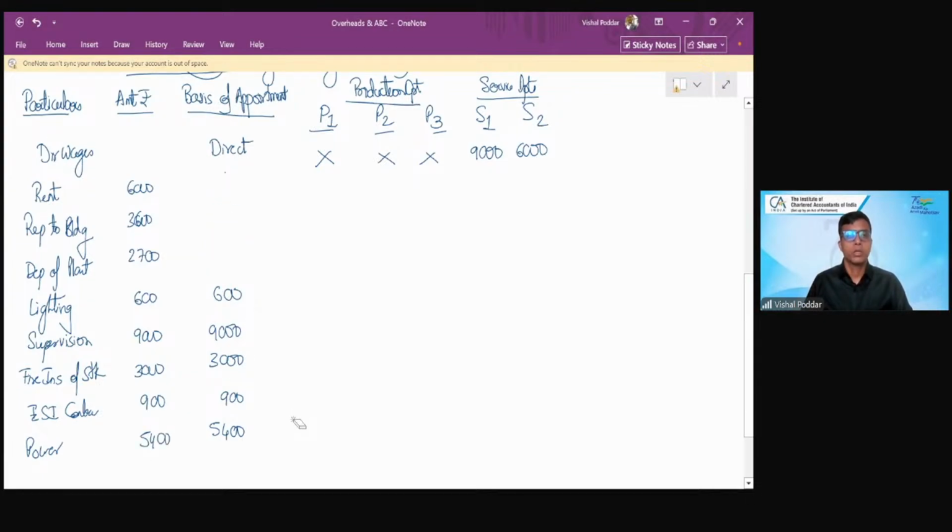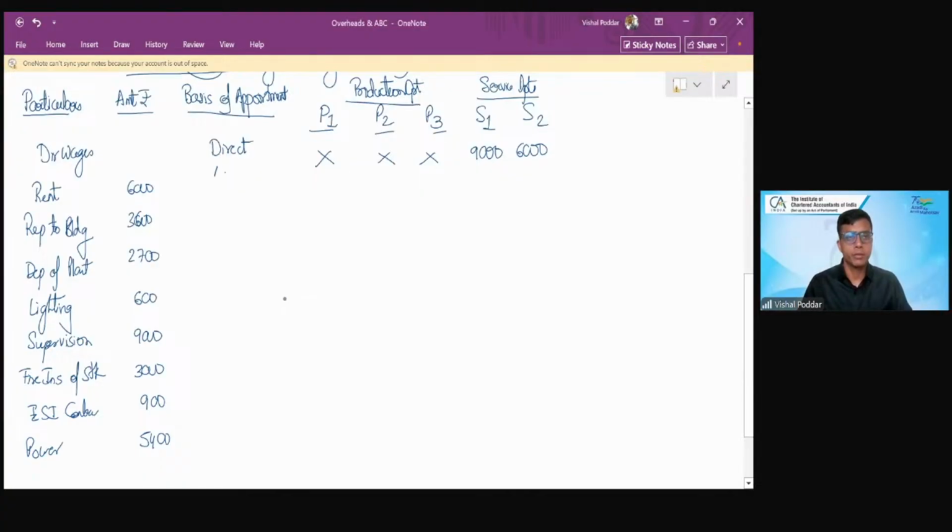Now, in this column, I have to put down the ratios. Now, what ratios will I be using? I hope you would have identified by now. So I have to check from the data given what is the suitable ratio which I can use for the respective expense.